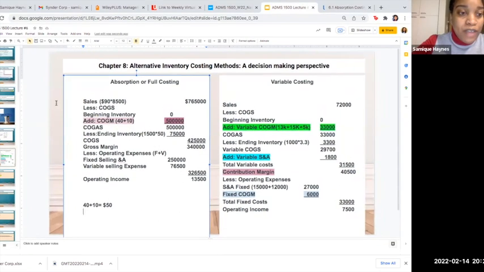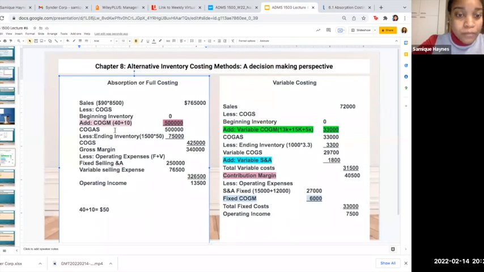Cost of goods manufactured numbers, where did they come from? So, good question. Okay, let me put up the question again so I can see it. So we have a variable manufacturing cost of $40 per unit. And then we have a fixed manufacturing cost of $100,000.